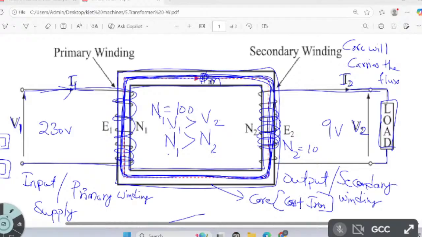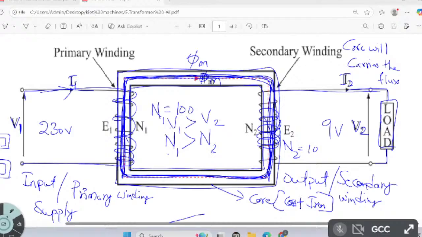Is there any connection between primary winding and secondary winding? No. Then what is common between primary winding and secondary winding? Flux is common. The same flux is flowing here. In the primary winding, how much flux is there? Phi m. In the secondary winding, how much flux is there? Phi m. The same flux is flowing.